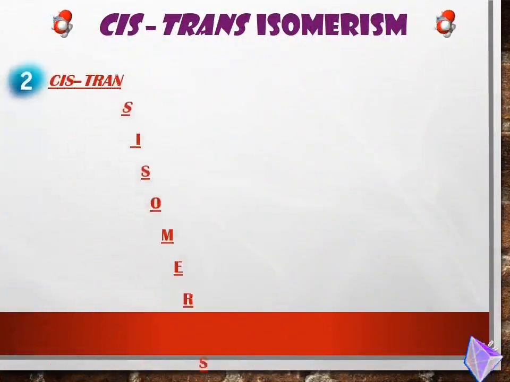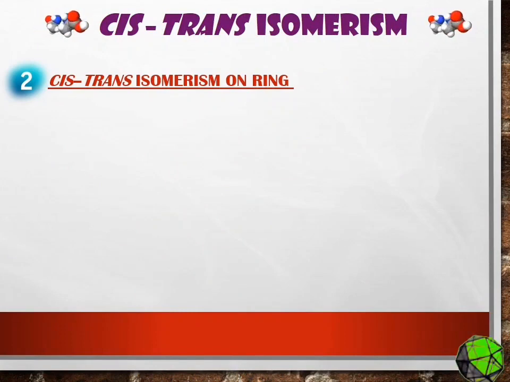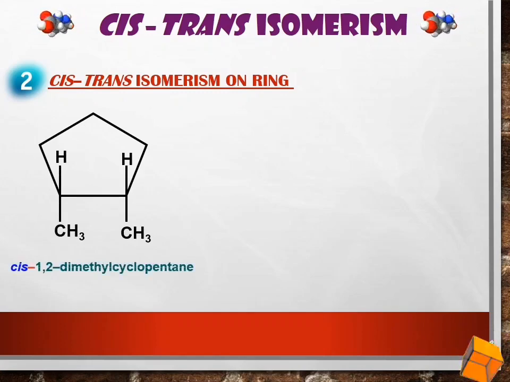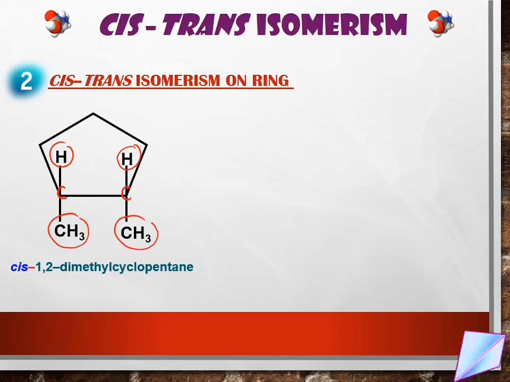Next, we are going to look at cis-trans isomerism on a ring. Here we have the example. This we call the cis isomer. Why, class? Yes, because look at the position between these two carbons: the position of hydrogen here is up, and the position of CH3 here is also up.